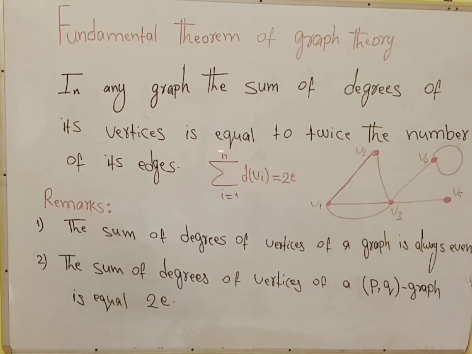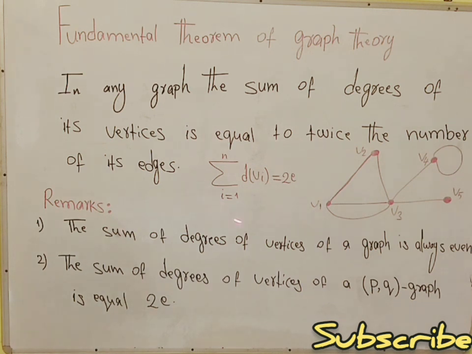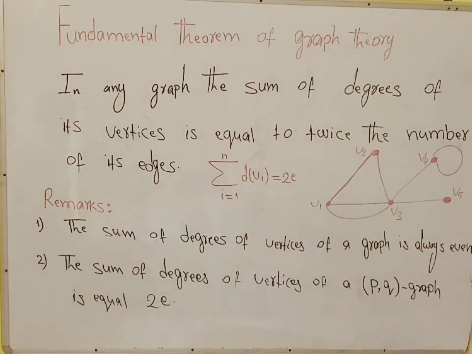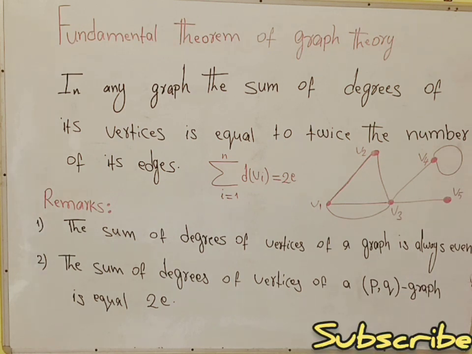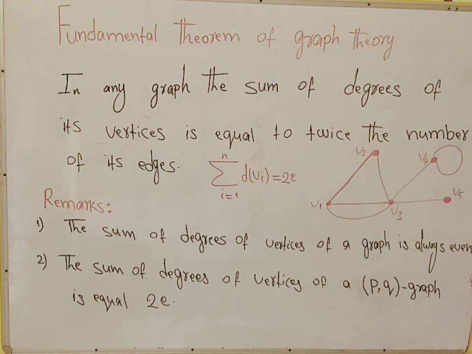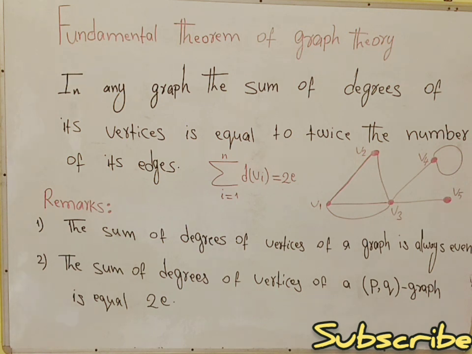For proving this theorem, we can say that in counting the degrees of vertices of a graph, every edge is counted twice, once at each of its terminal vertices. So the sum of degrees of the vertices is twice the number of edges.